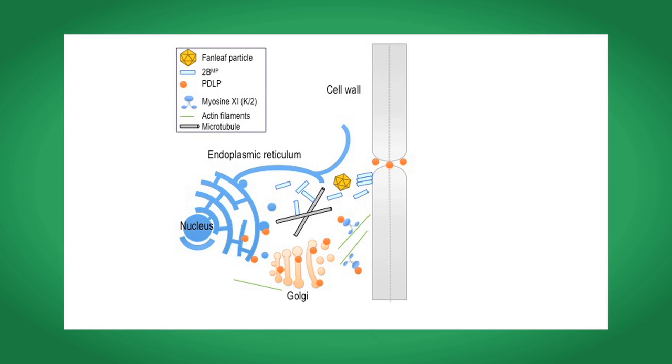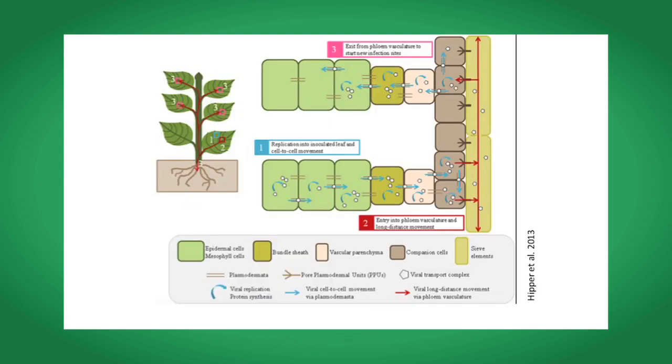So the virus will produce these proteins that will get stuck into these narrow gaps and widen the gap so that the virus particles can move through and go from an initially infected cell to a healthy neighboring cell. And once they do that repetitively over time, they will move from the initially infected cells to the vascular tissue, and through the phloem move up and start invading a whole plant.